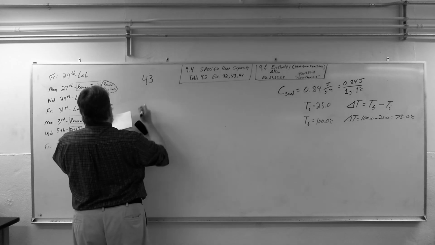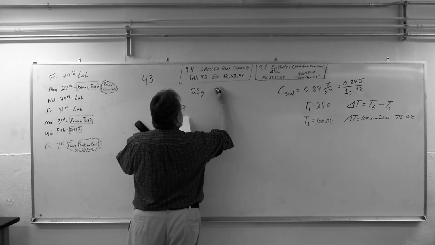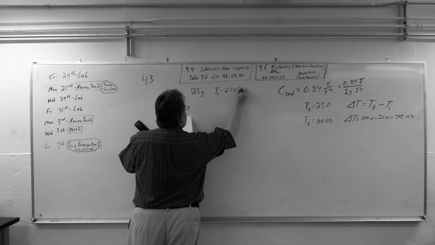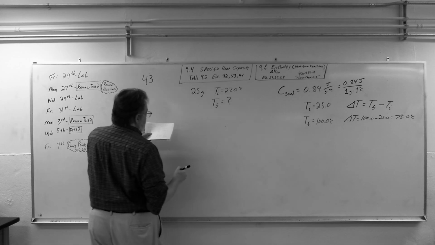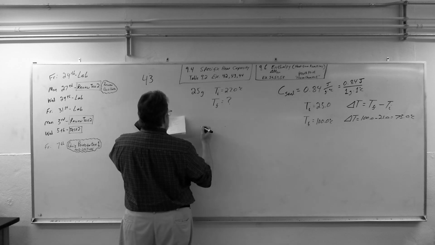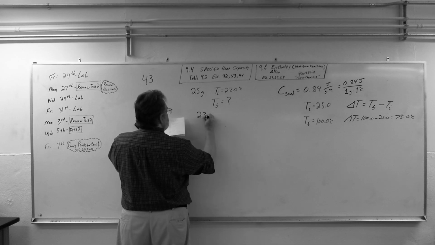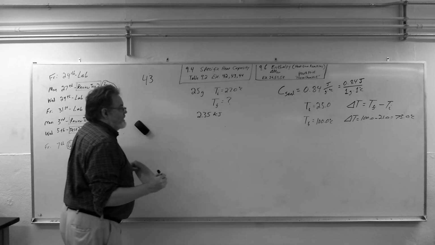This one just changes the problem a little bit by saying I have 25 grams of the substance. The initial temperature is this, and it's asking for the final temperature. 2.35 kilojoules is the heat.